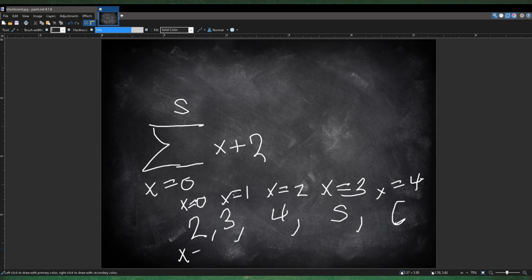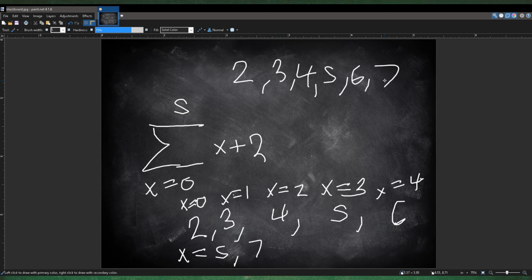And when x is equal to 5, because that's the last number, we get 7. So we get these numbers 2, 3, 4, 5, 6, and 7. You add those numbers up because that's the summation. So that's 2, 5, 9, 14, 20, 27. So the answer to this is 27.